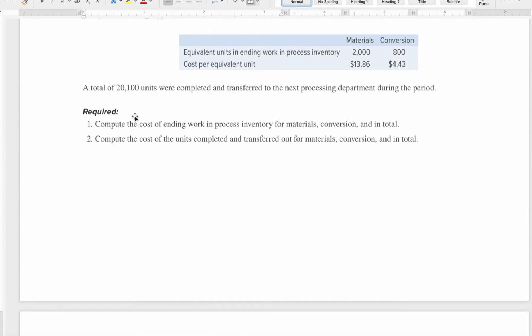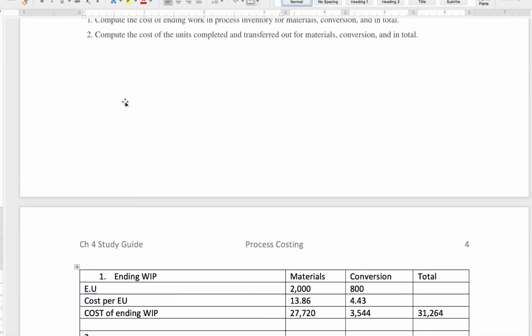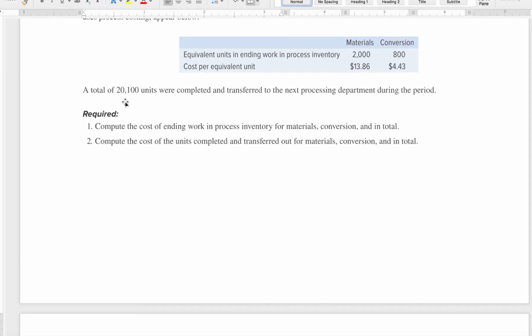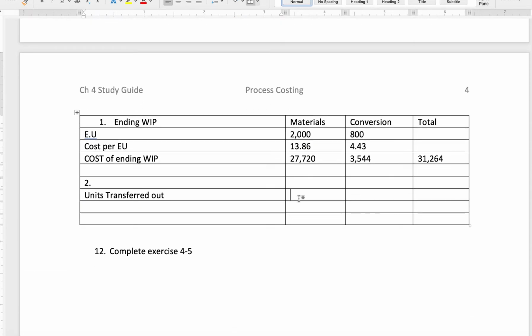Well, the problem tells me that a total of 20,100 units were completed and transferred out to the next processing department during the month. With respect to material, they've got to be 20,100 because they were completed and transferred out. With respect to conversion, they were completed and transferred out, so still 20,100, okay?